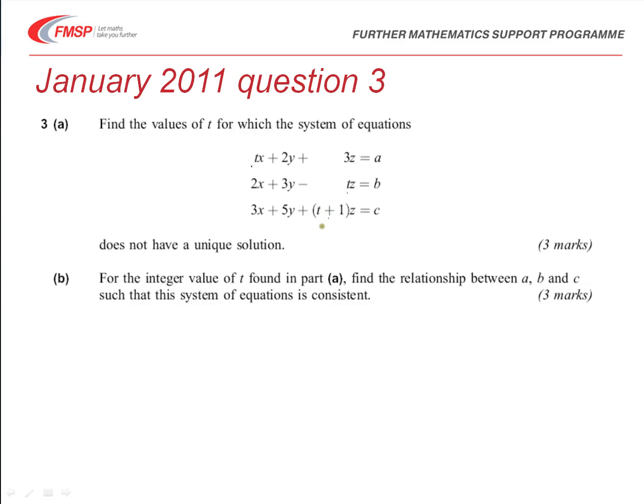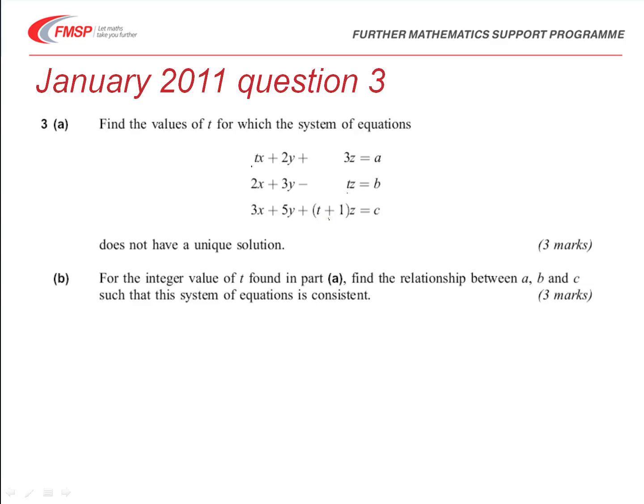And the values of t we're looking for are the values of t which give us a situation in which the three equations do not have a unique solution. Remembering, a unique solution will be when the matrix, if we put it into a matrix form, has an inverse, so that we then determine a single unique point solution.